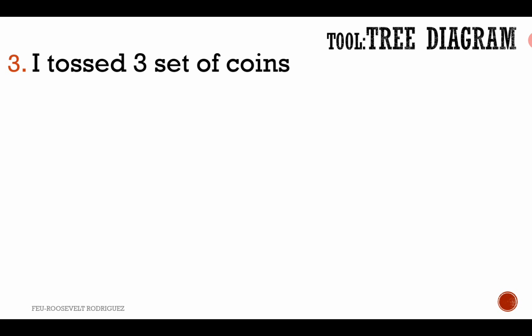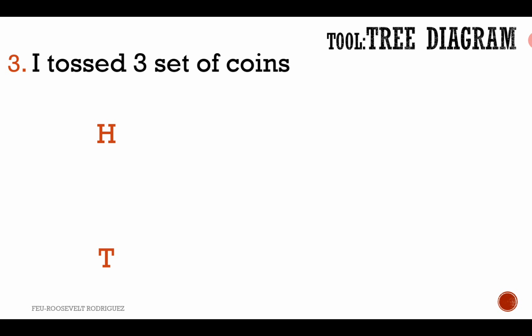Right? Therefore, for our tree diagram, our first outcomes, we have this head and a tail, right? If we have this single coin. Okay? So for our second coin, individually, just construct some branches, okay?